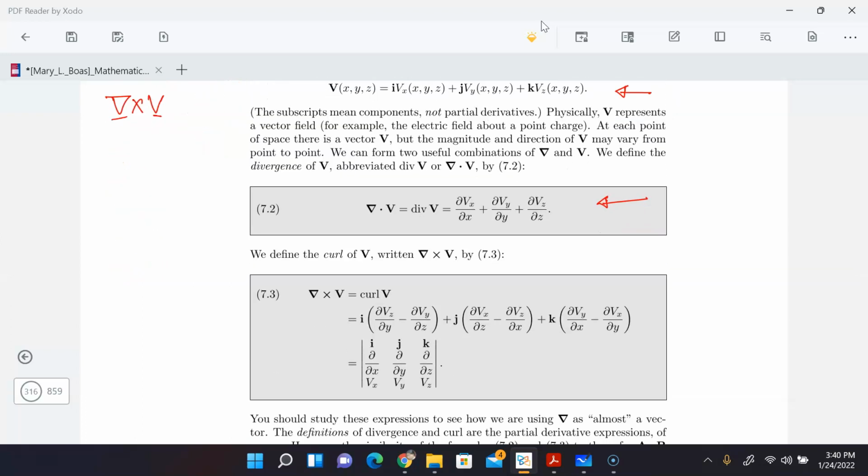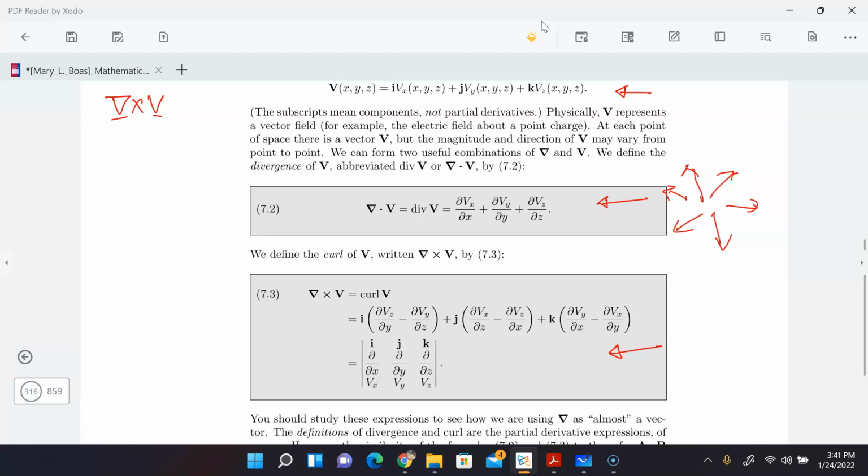Now, both of these have some physical meaning. Your divergence is related to how your vector field is actually pointing at a particular point in a region of space.